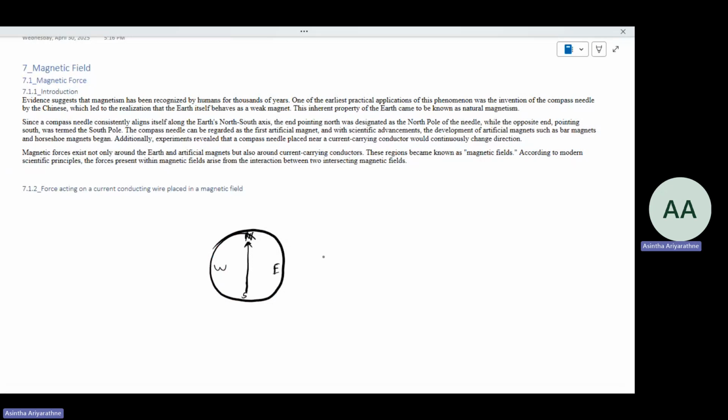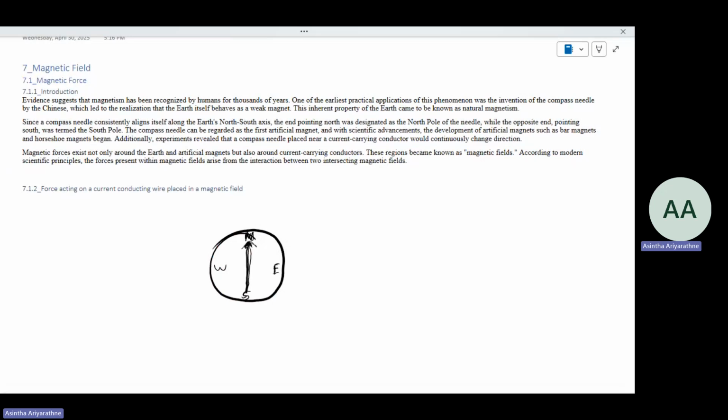Say we are directed towards south, but the compass needle automatically rotates to the north side. That is due to the so-called magnetic field. Actually, this compass was first found by Chinese people.